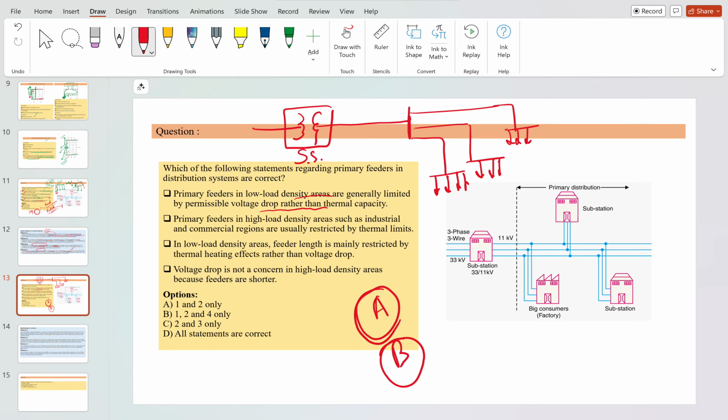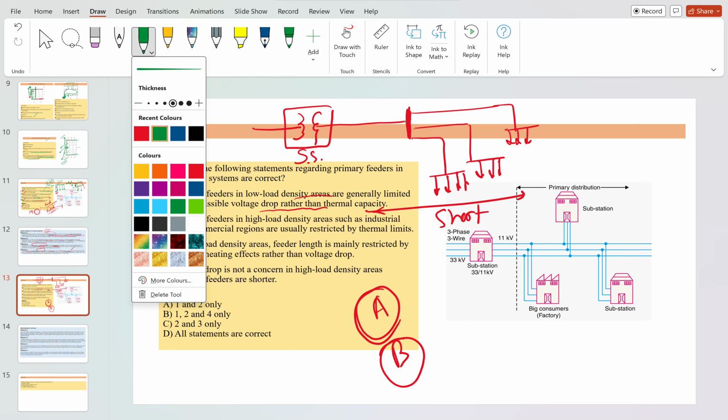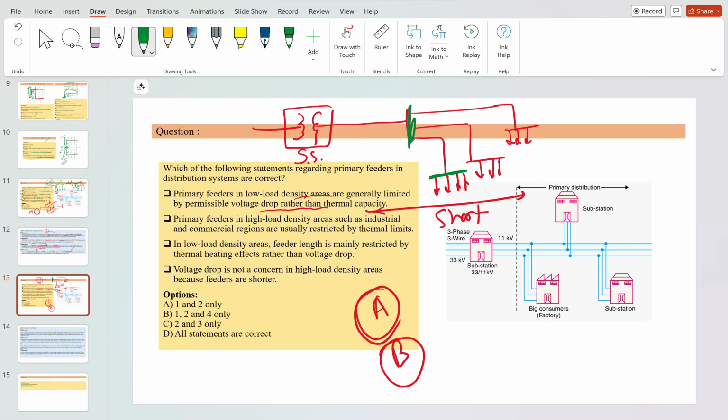When this length is very short, as in urban areas, the voltage difference from here to this line is not much. But when there are rural areas, this line will increase further, so the voltage drop in the line will increase.